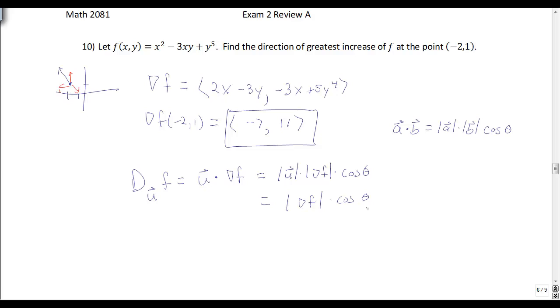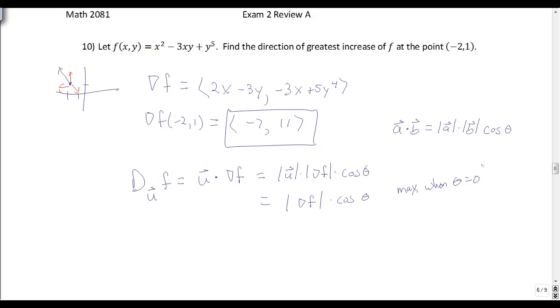Now, for a particular point, the gradient of f is going to be a fixed vector. So the magnitude of the gradient of f is some positive number. I guess it could be 0, but we're going to ignore that. What I'm trying to do is let cosine theta get as big as possible to make this whole value as big as possible. This is maximized when theta equals 0, which gives cosine theta equals 1.